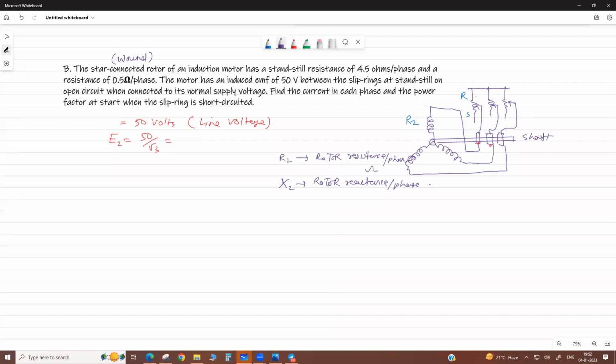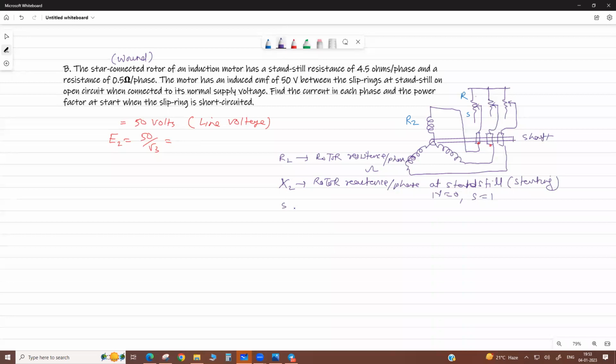But one word you also add: at standstill. What is the meaning of standstill? It means at starting, when the motor is not running. Standstill condition means starting, when N is 0 and slip is 1.